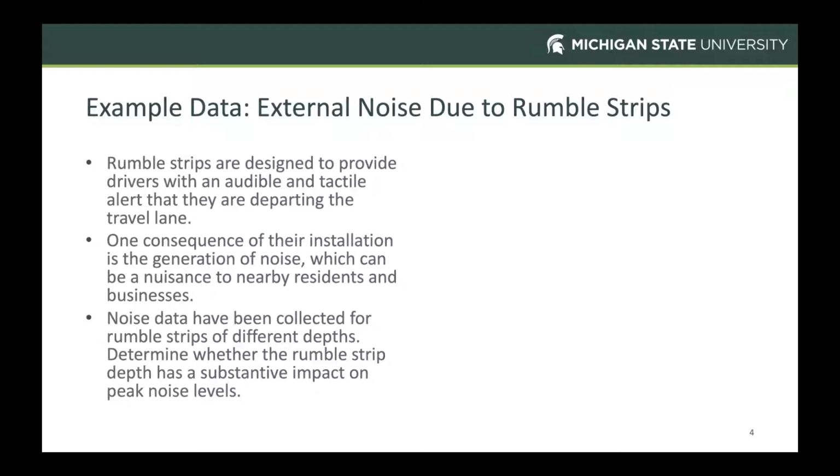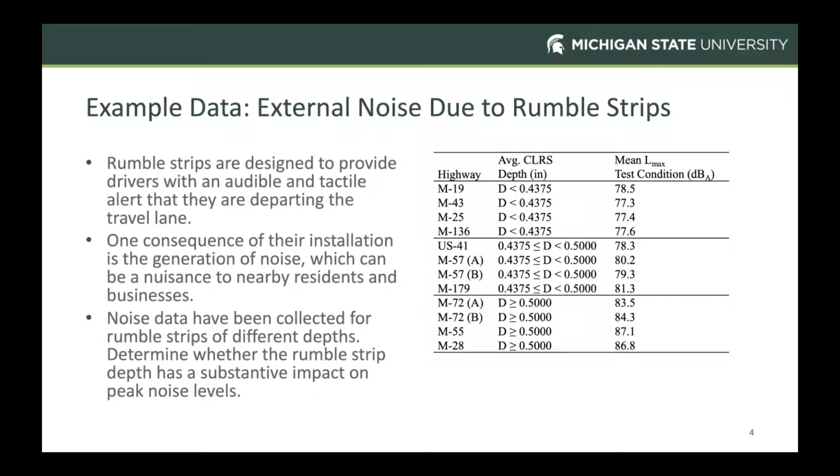And so to that end, we collected data from a number of states throughout Michigan, and we'll see that summarized right here. So we basically have 12 noise measurements. Now, actually, there's significantly more data behind the scene here. So we actually had conducted a series of test runs at each of these locations.